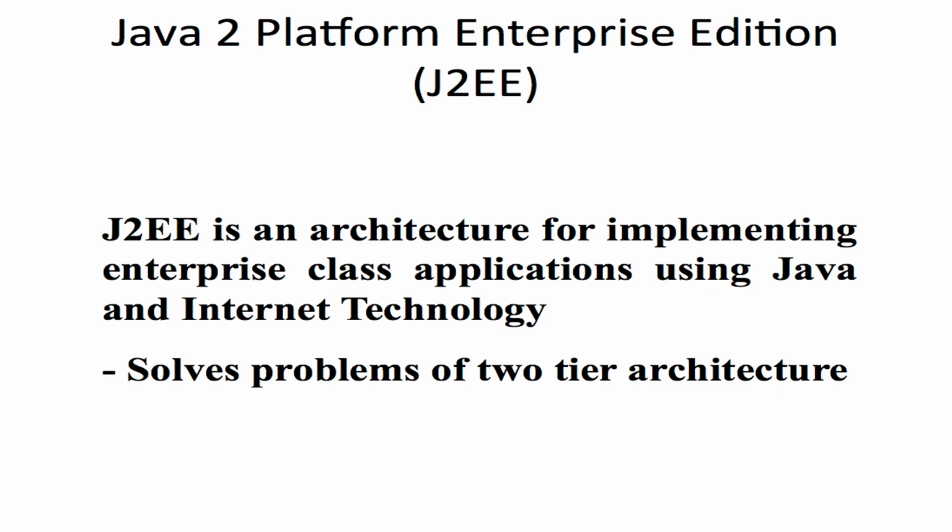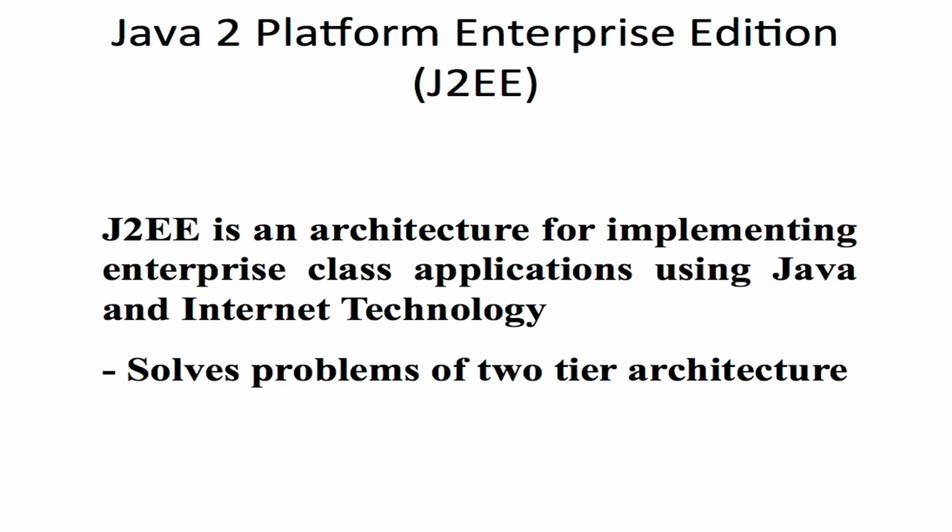Now first of all, J2EE. Basically we have J2SE, Java 2 Standard Edition. In J2SE we have only core Java, but J2EE refers to advanced Java, the advanced concepts of Java. J2EE is an architecture for implementing enterprise class applications using Java and internet technology.